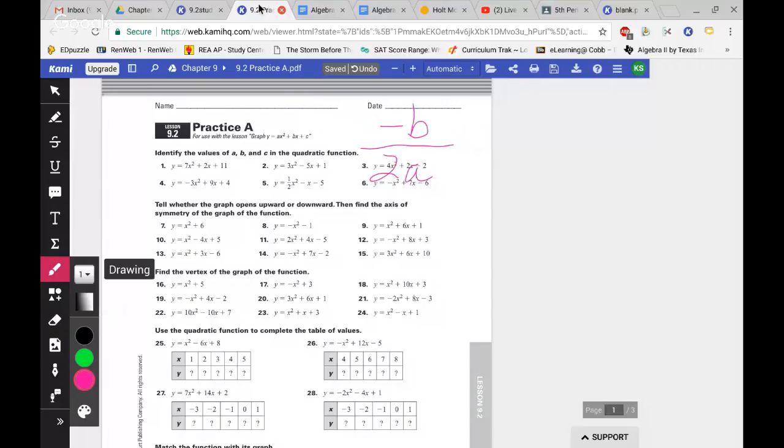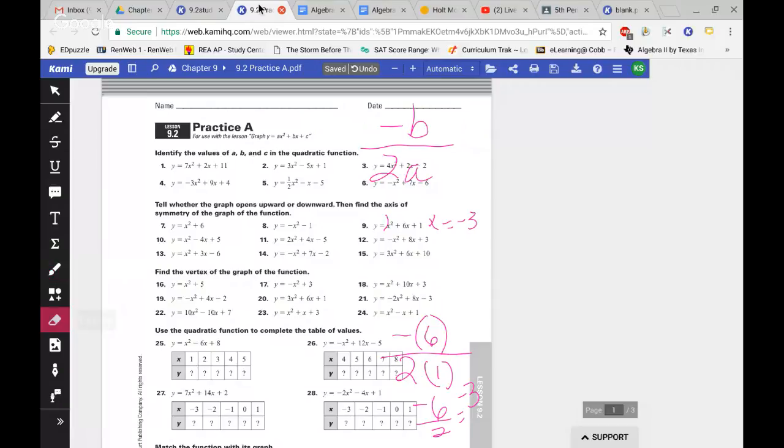So what we'll do for number 9 is pull out the B term, which is 6. So it's the opposite of 6 over 2 times the coefficient here, which is an understood 1. So that's going to be negative 6 over 2, which then reduces to negative 3. So the axis of symmetry is x equals negative 3. Hey, I got that right. Good.